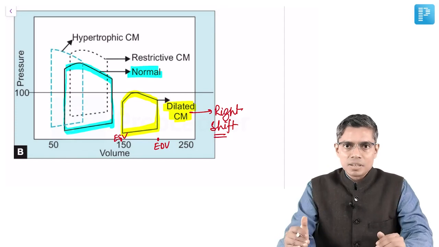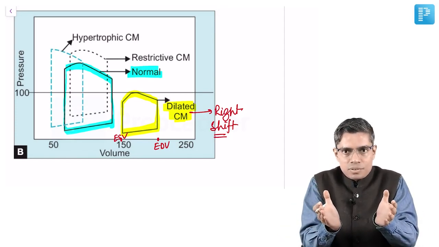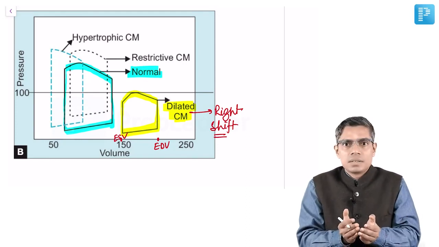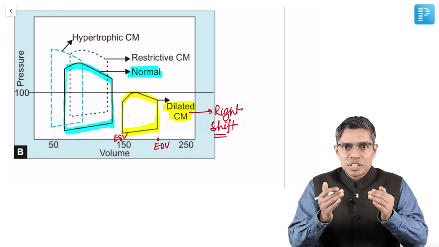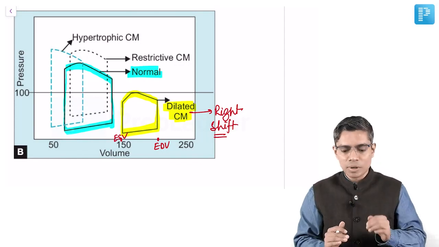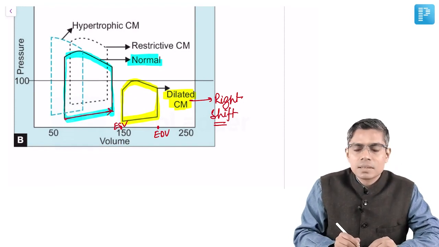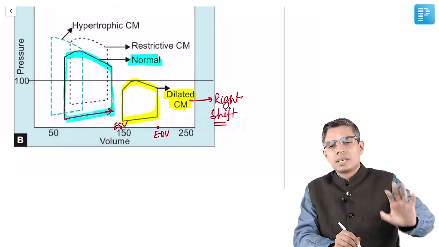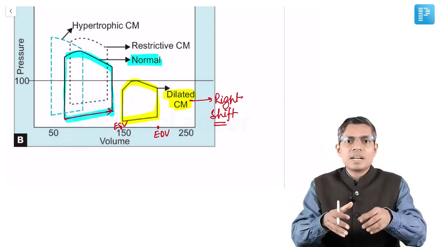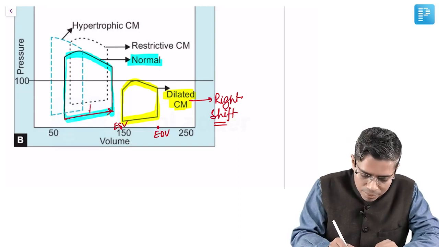Now, restrictive cardiomyopathy. I told you restrictive means the myocardium is fibrous, and myocardial scarring is there. So what will happen? The end diastolic pressure line will be at a very high position. Getting my point? Normally, in this filling line, the pressure is not very high, but if the end diastolic pressure is high during the filling of the ventricle, this filling curve will be shifted in the upward direction.